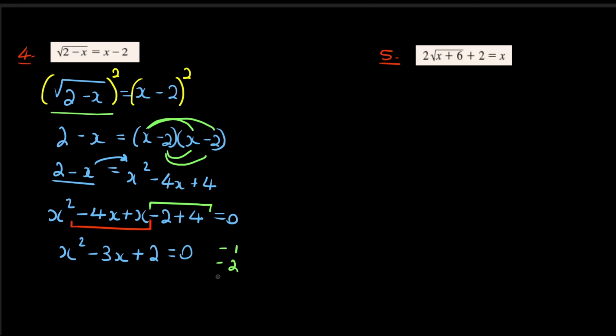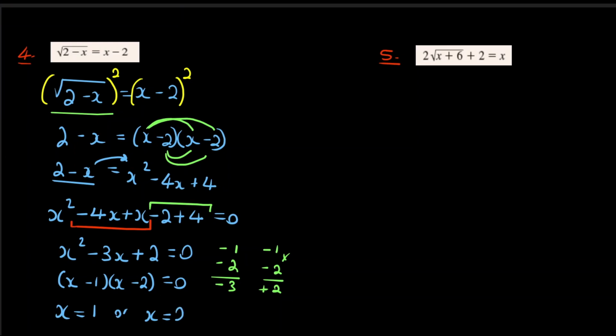Negative 1 minus 2, you get minus 3. Negative 1 times minus 2, what do we get? Positive 2. So these are our factors. We'll simply open two brackets equal to 0, x and write our factors, minus 1 and minus 2. Therefore our two possible solutions will be x is equal to 1 or x is equal to 2.